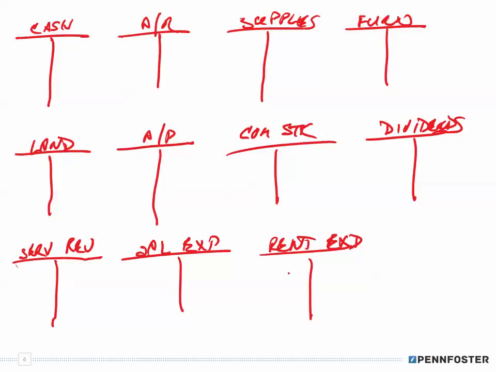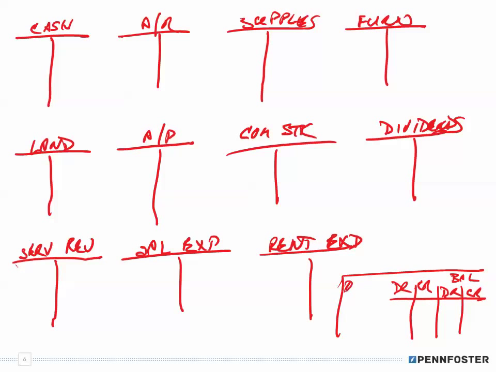Now remember, on a general ledger account, forms can be different, and I'm just going to quickly scribble in something here. You can have a balance column here, which has a debit and a credit, so we'd have two columns there. Then we have a debit column here and a credit column here. And we would have a date over here and a description here.